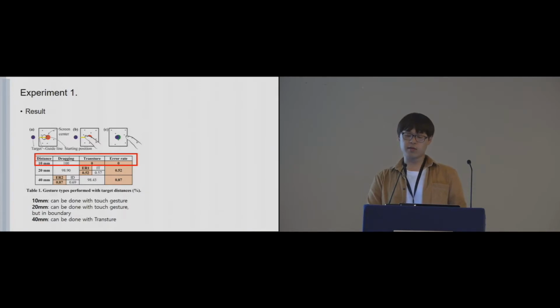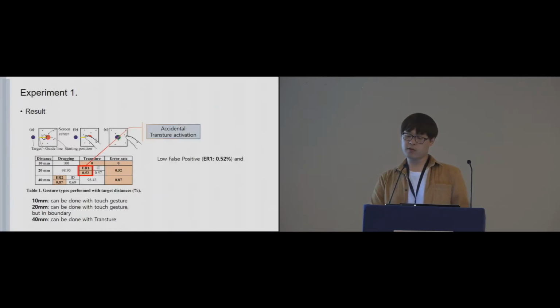The results show that the designed relaxation action was working well. In the case of the 10 mm target, all trials were done with touch gestures. But in the case of the 20 mm target, some trials were done with transistor, even if it did not need to use transistor. But this accidental activation only occurred in 0.52% of the whole trials.